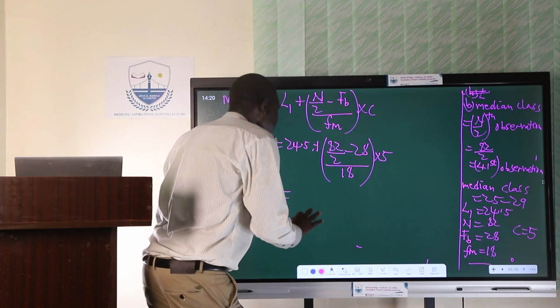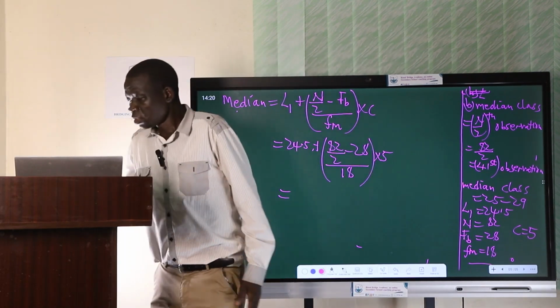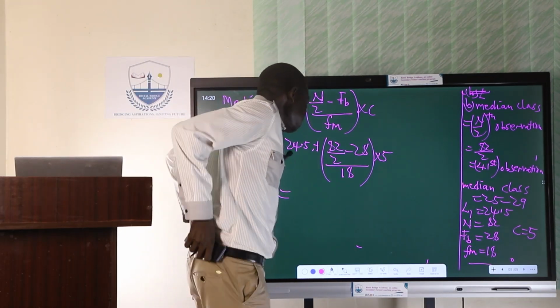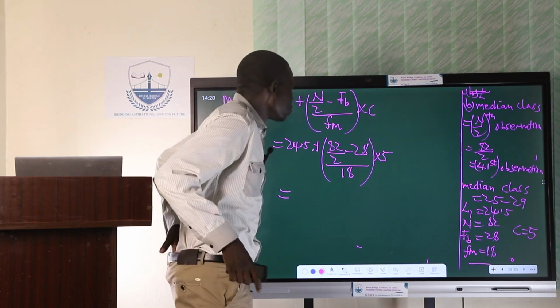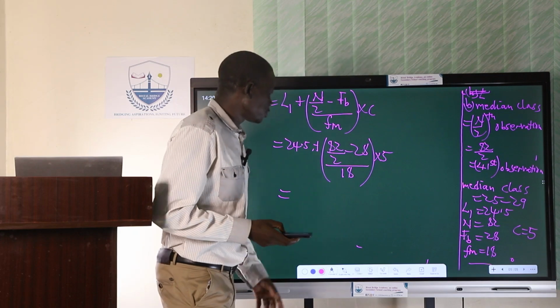Then when we simplify this, 82 divided by 2, we get 41.